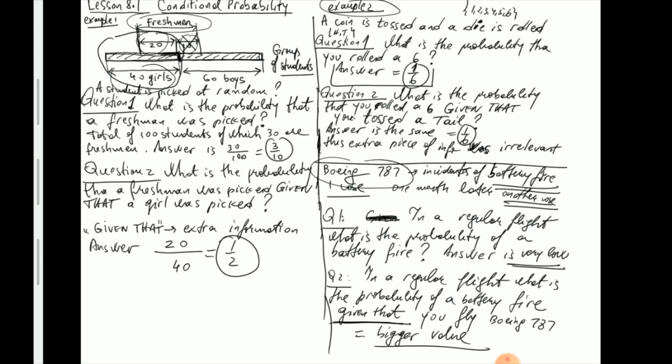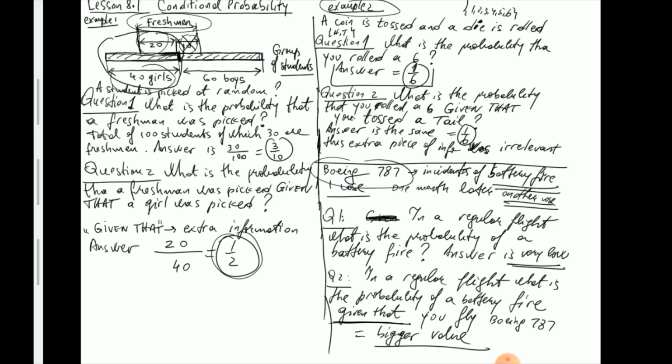So then all of a sudden you have an extra piece of information which changes the number of outcomes and the number of total possible outcomes, right? I mean, it's a completely different fraction, which, like in the previous example, can lead to a different, larger value in this case.